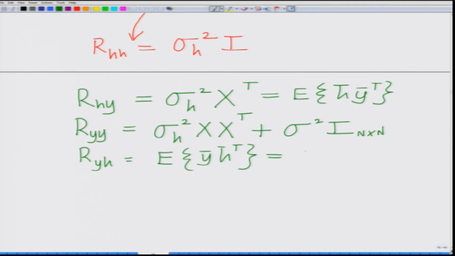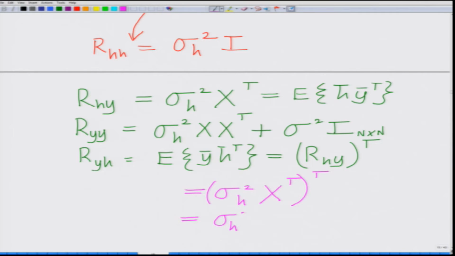So this is basically R_HY transpose, and indeed this is equal to sigma_h squared X transpose transpose. Of course, sigma_h squared is a scalar.